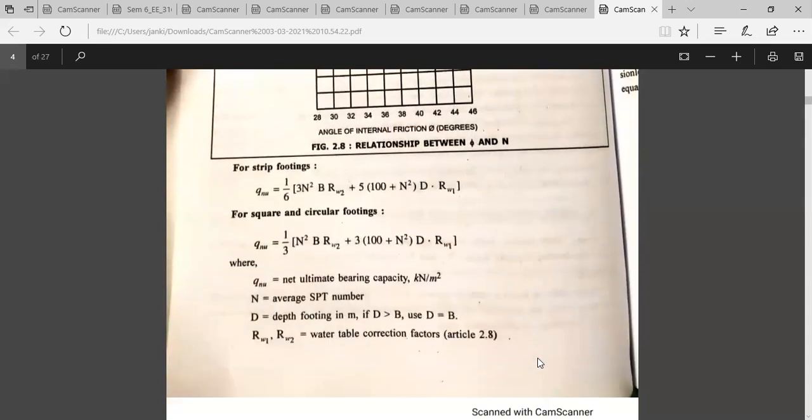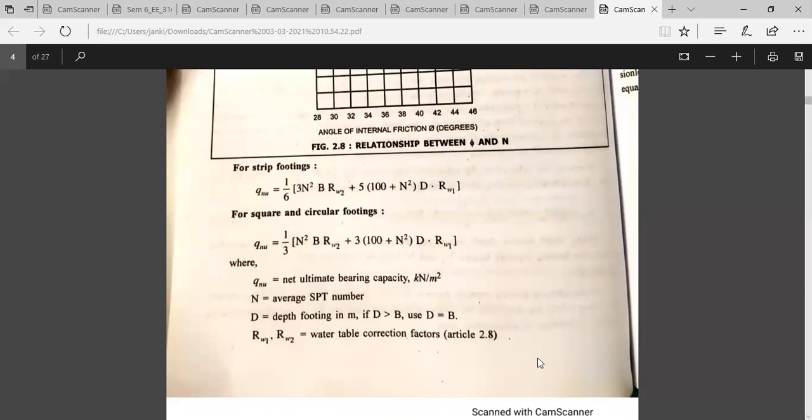For the strip footing, Teng's equation is qnu equal to 1/6 [3N squared B Rw2 plus 5(100 plus N squared) D Rw1]. For square and circular footings, qnu is equal to 1/3 [N squared B Rw2 plus (300 plus N squared) D Rw2].